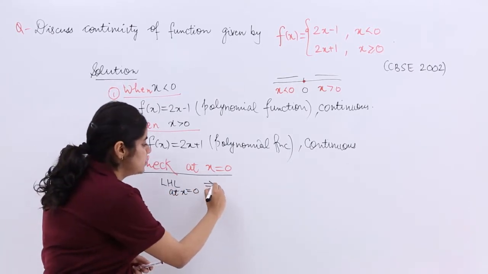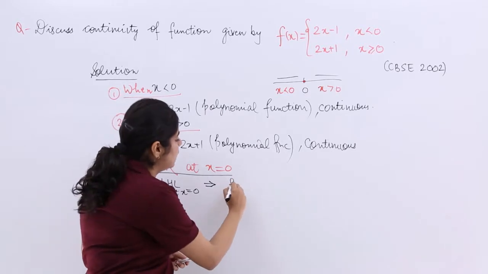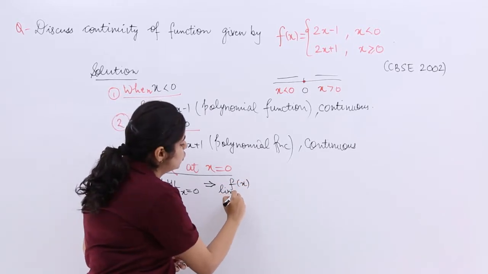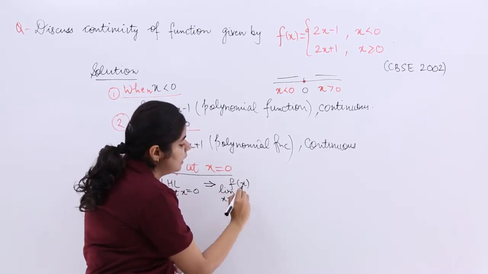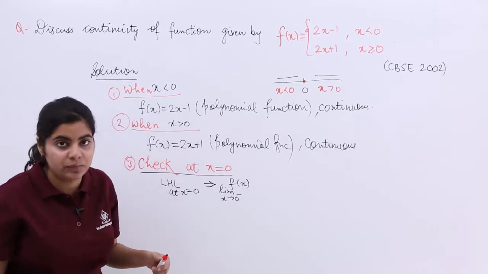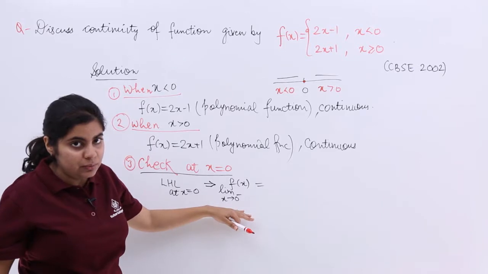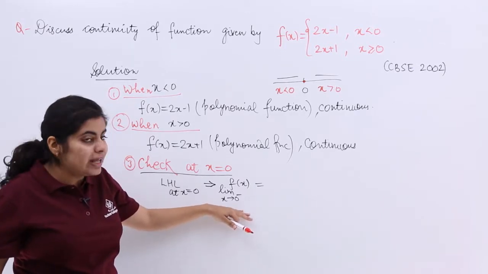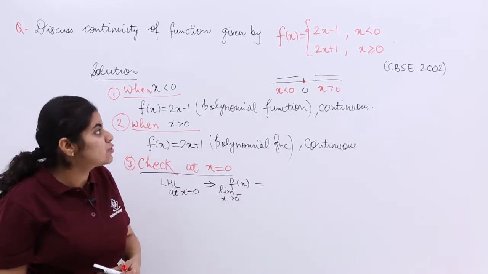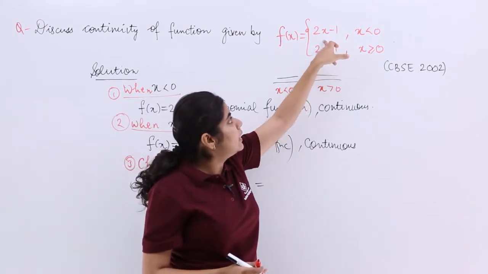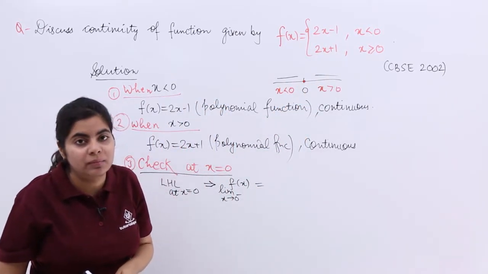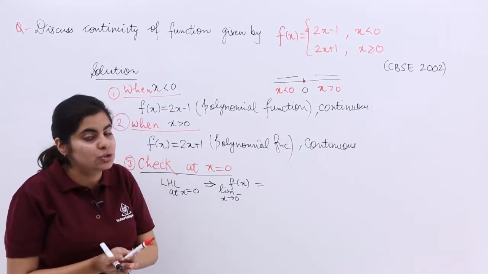LHL at x equal to 0 will be taken as limit of f(x) as x tends to 0 negative, because it is less than 0. Now how to substitute the value? What is the value of the function when x is less than 0? When x is less than 0, it is 2x minus 1.